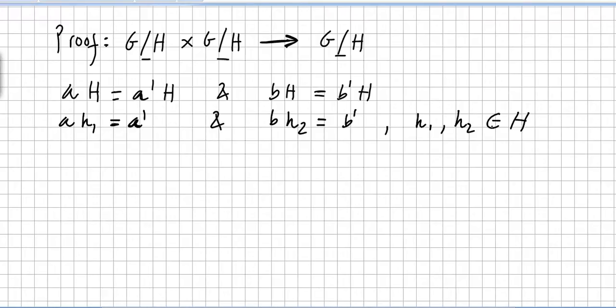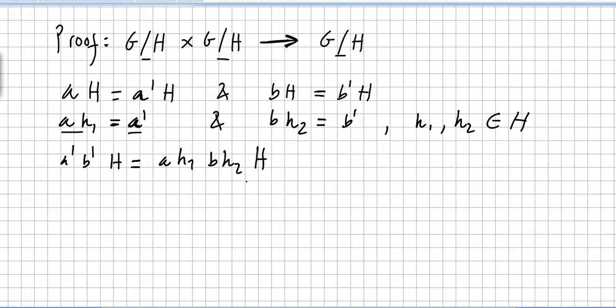So if this is true, A prime B prime H equals, so A prime is this, right? So equals A H1 B H2 H, right?